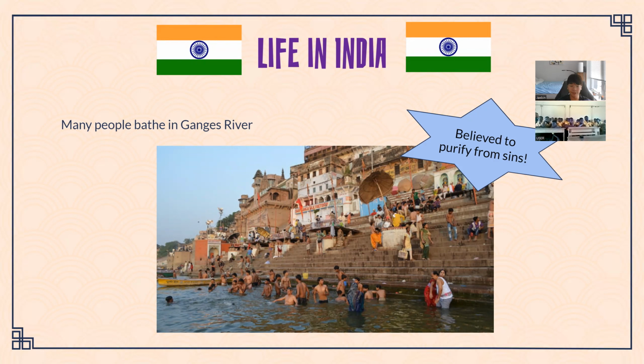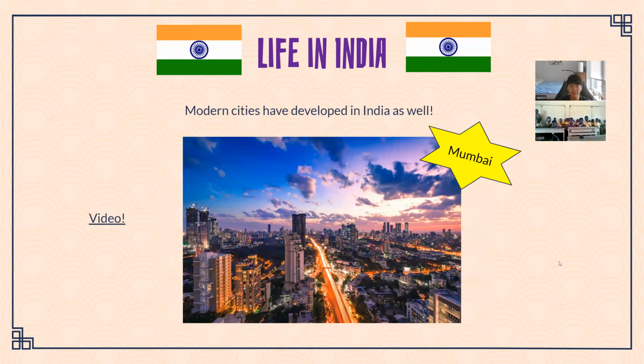So they often go there to take a bath in the river. And this is what it looks like. And then modern cities have also developed in India as well. The picture here is Mumbai, and it's a really big city in India.